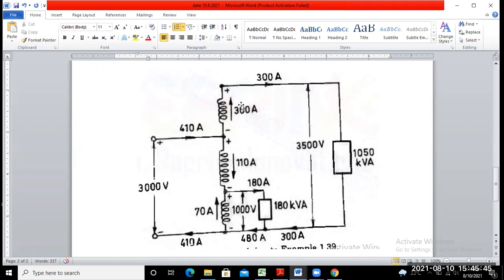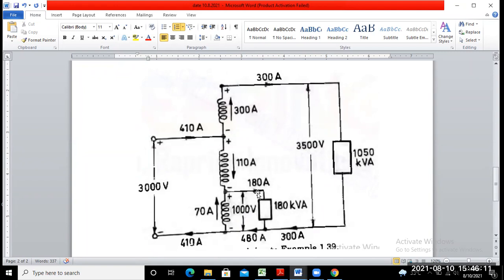Okay, so you know that across this winding 300 ampere current is flowing. Now you know the kVA rating again here and the voltage rating. So how much current is flowing through this winding? You just find out. That means 180,000 divided by 1000 is nothing but 180 ampere. So 180 ampere is the current flowing through this one. Okay.